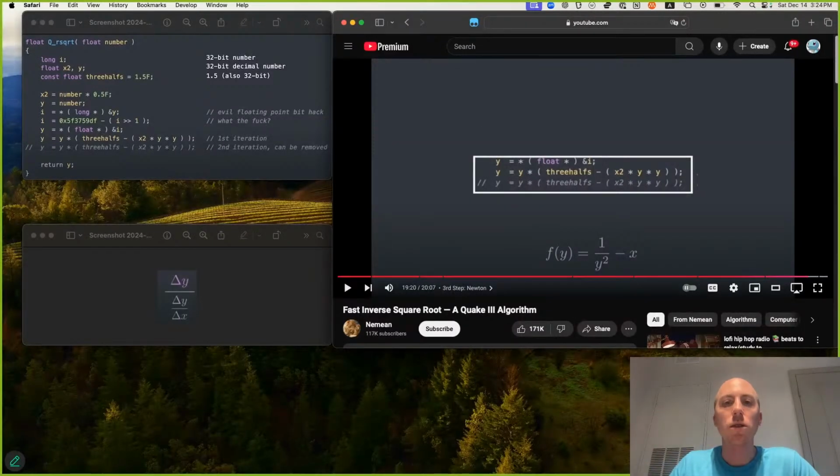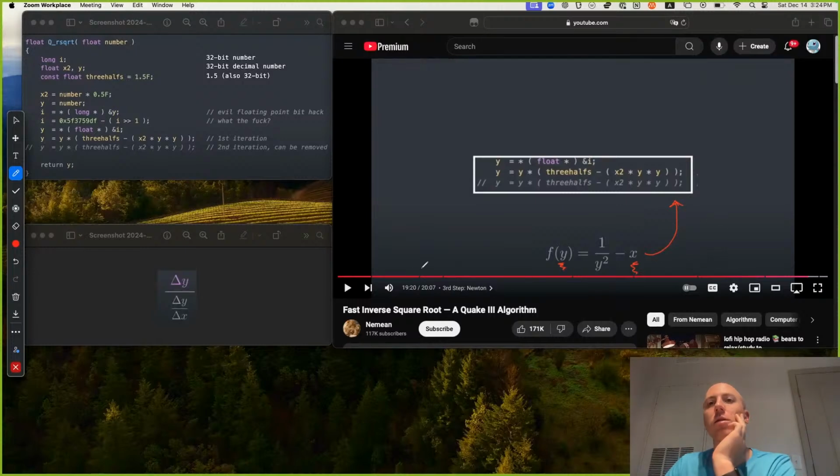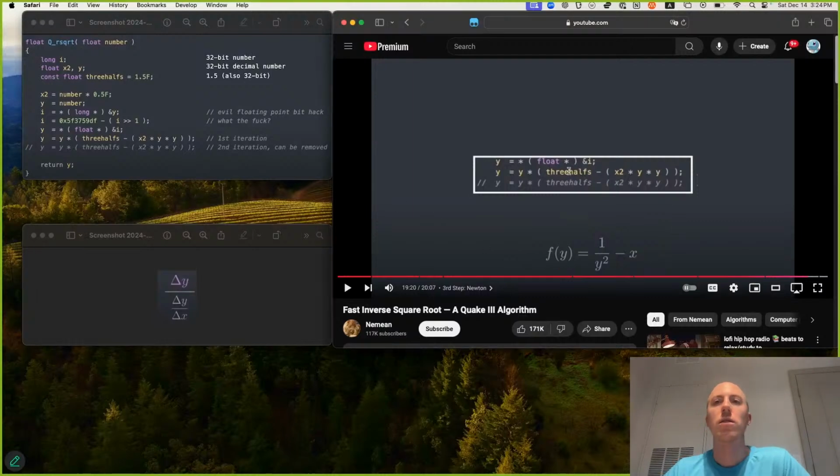It's a weird function too, because there's an x in here, so x must be coming from outside. This is a function of y, and there's no x here. I don't even know what x was at this point.